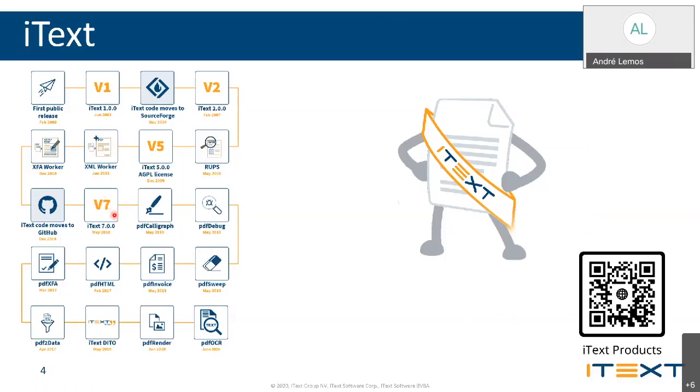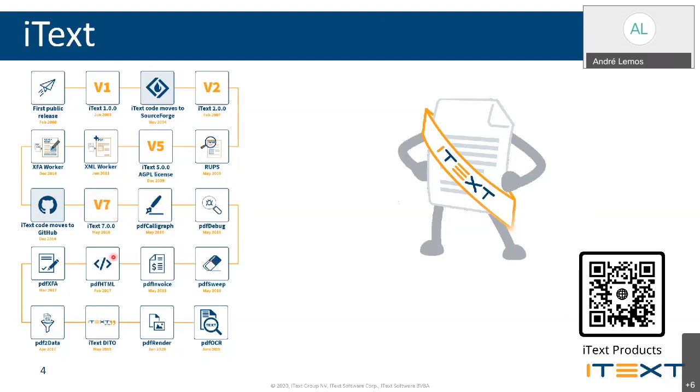And then we have several add-ons to add functionality on top of it. We have Calligraph to allow you to unlock advanced typography features. So think about rendering or reading Arabic, Thai language, Hebrew, etc.